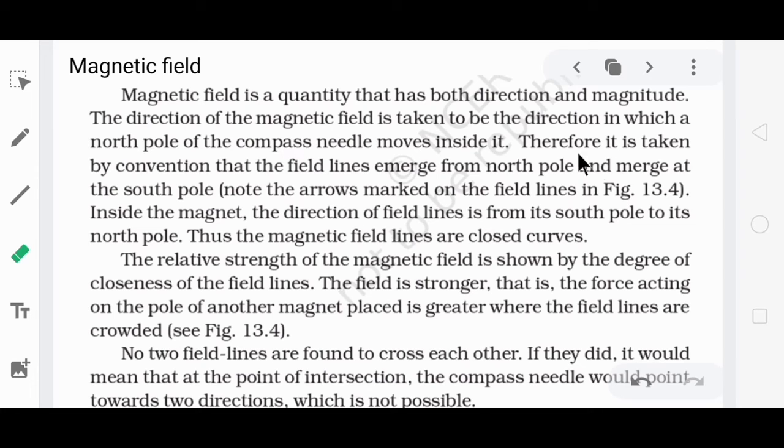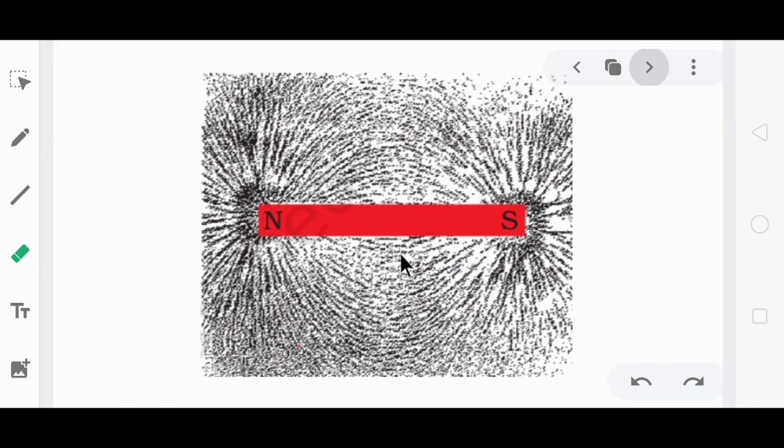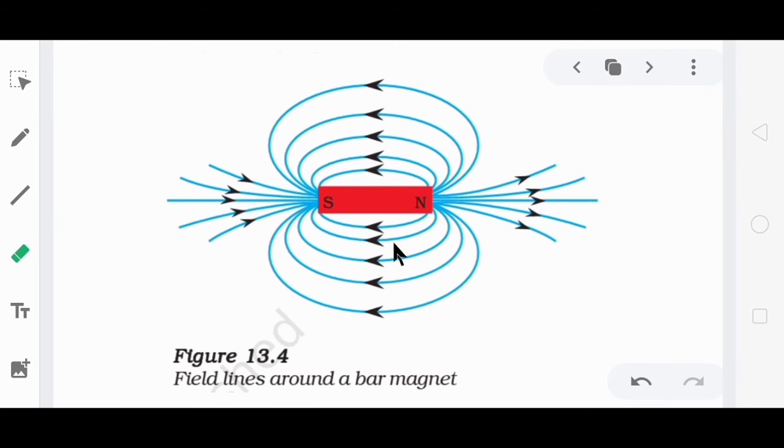So therefore it is taken by convention that the field lines emerge from the North Pole and merge at the South Pole. Outside the magnet, the direction of magnetic field line is from north to South Pole, and inside the magnet, the direction of magnetic field line is South Pole to North Pole.